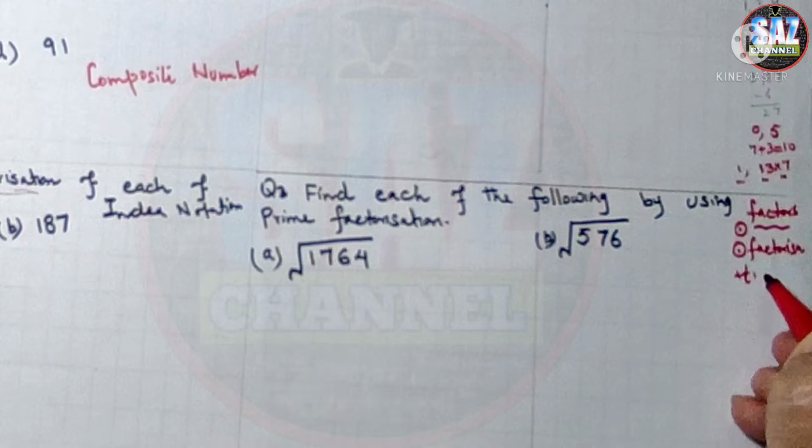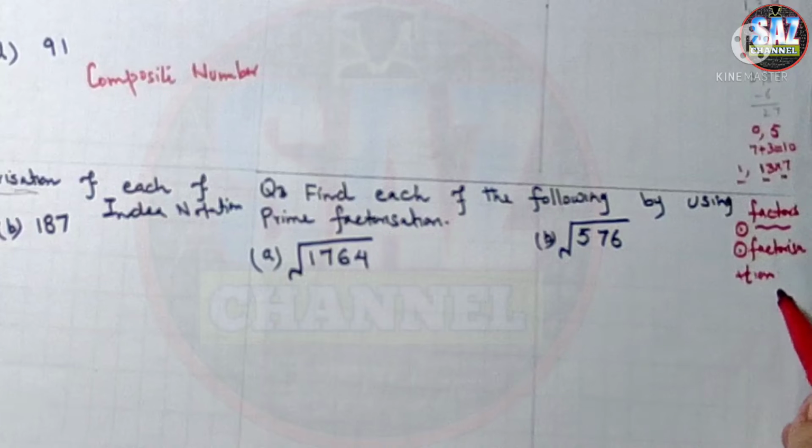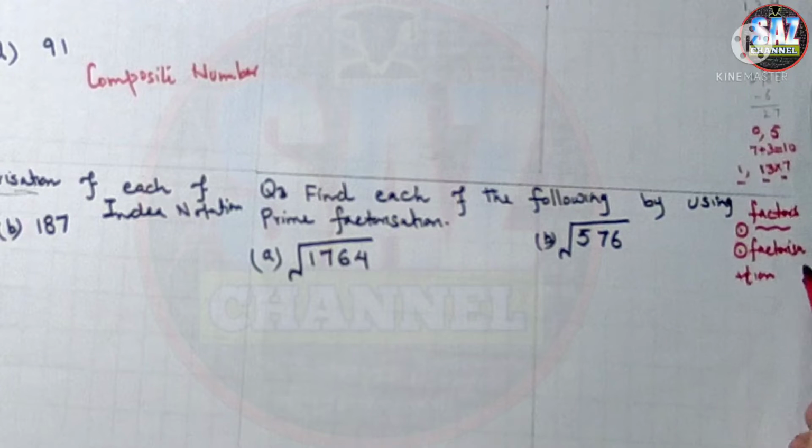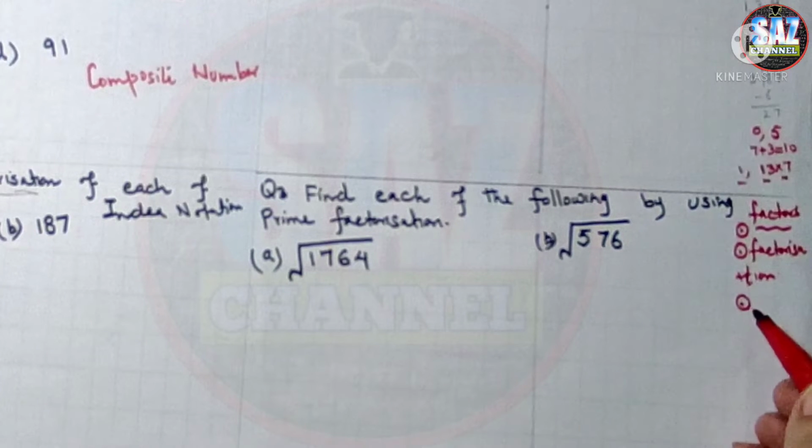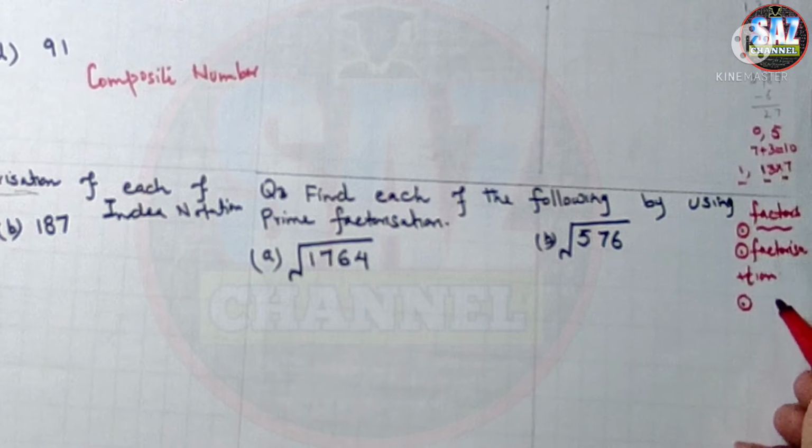Factorization is the process of expressing a number as the product of factors. Okay, factorization is the process of expressing the number as a product of its factors, and prime factorization means the process in which the factors are the prime numbers.